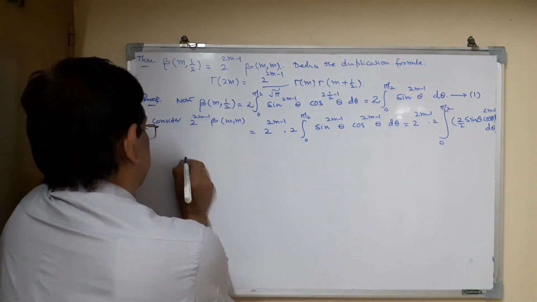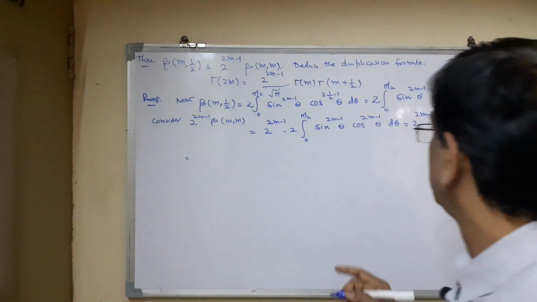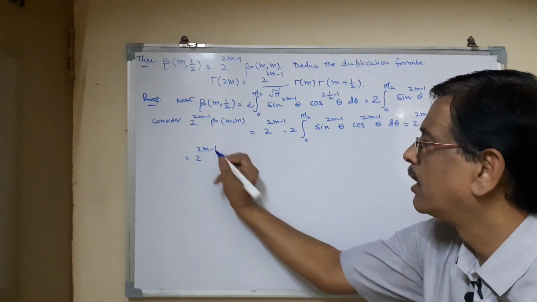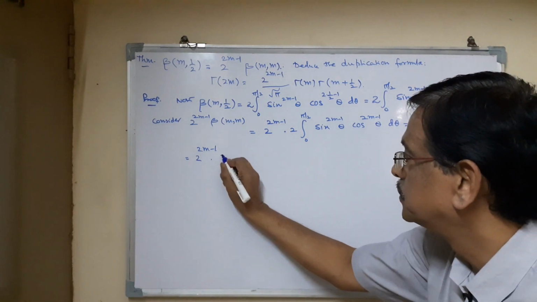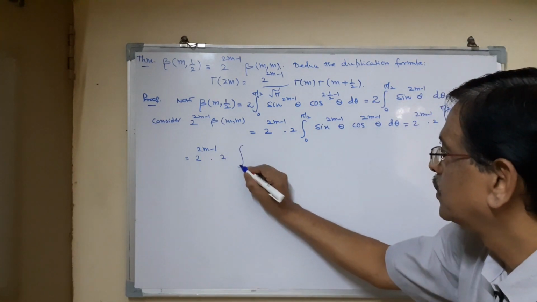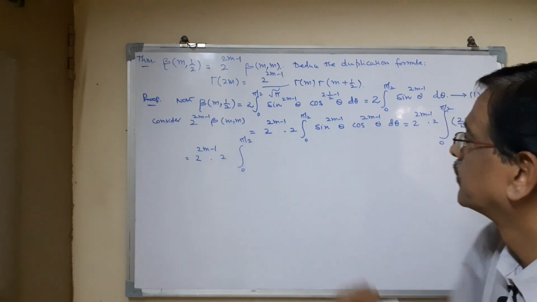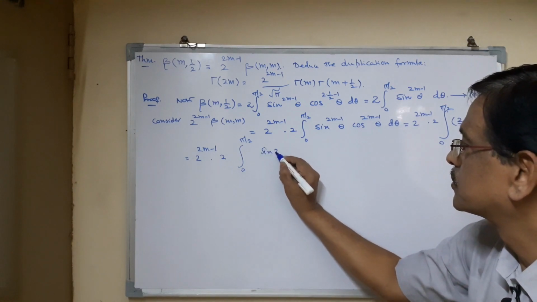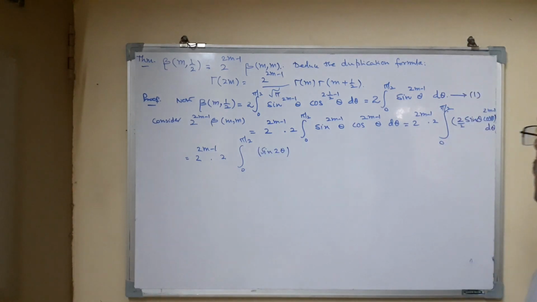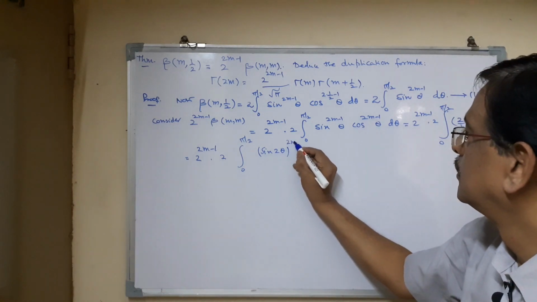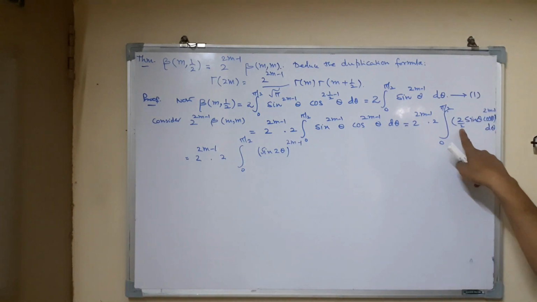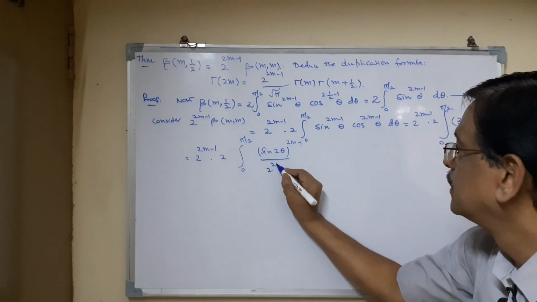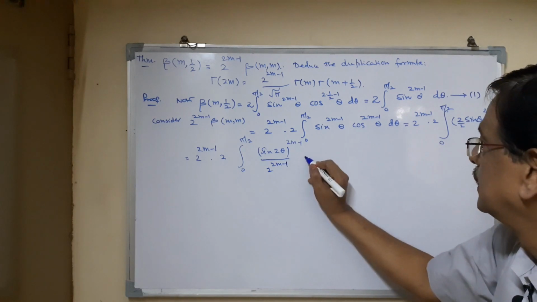So this is equal to 2 power 2m minus 1 into 2, integral 0 to pi by 2, 2 sine theta cos theta is sine 2 theta. So sine 2 theta whole power 2m minus 1. Look at this, there is 2 inside in the denominator, so that will be 2 power 2m minus 1, d theta.